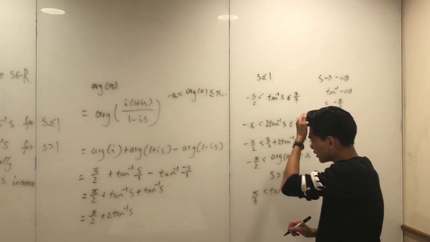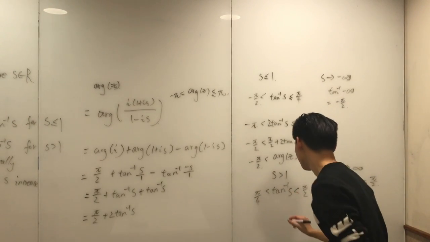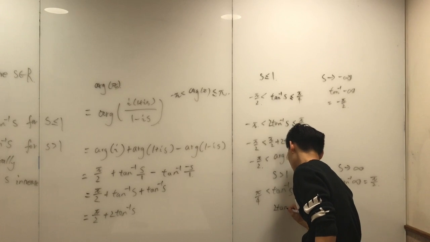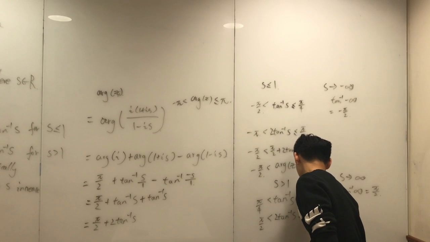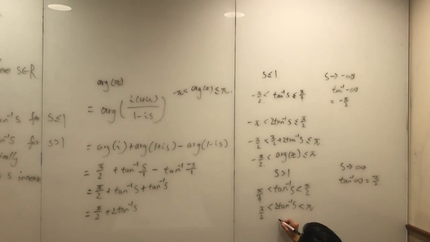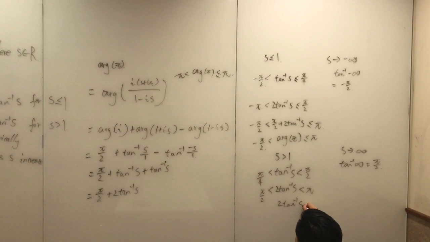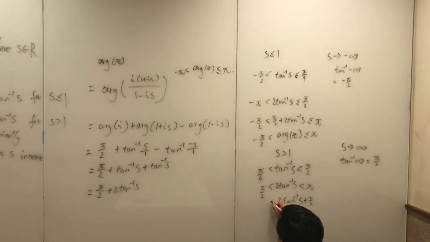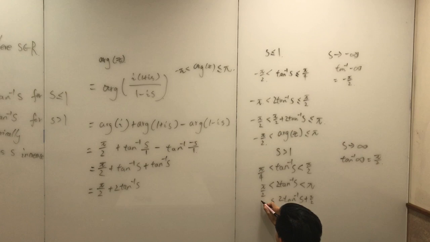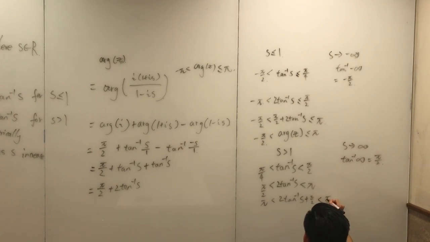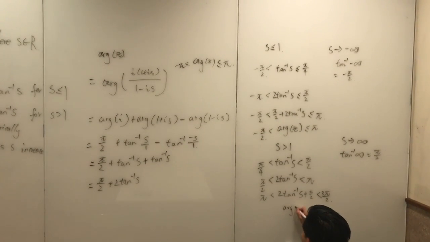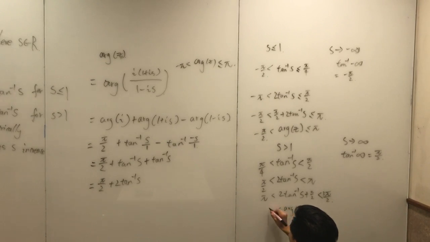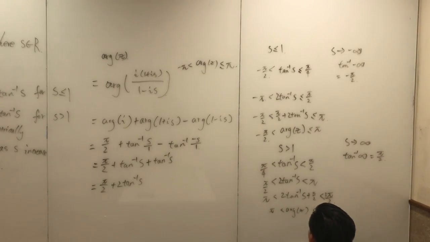Right? And then we do the same process here, and then we add pi/2. So all we got is arg z is bigger than pi, smaller than 3pi/2.